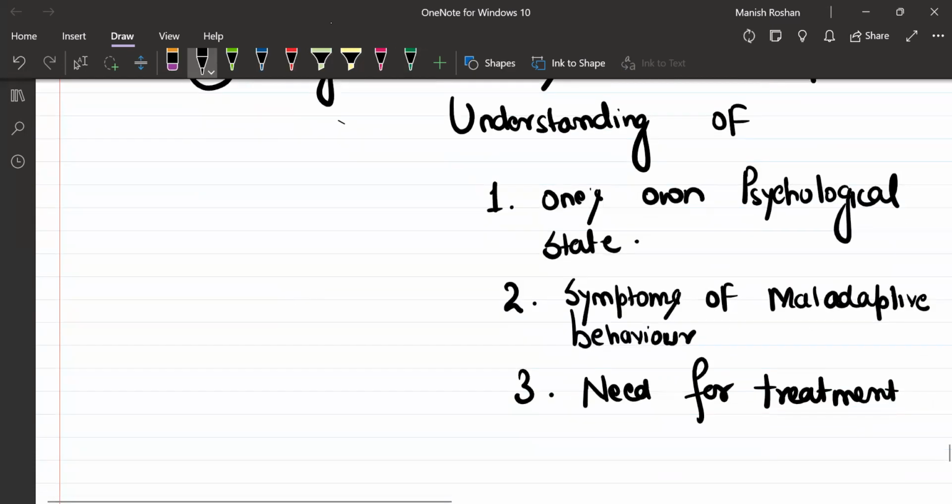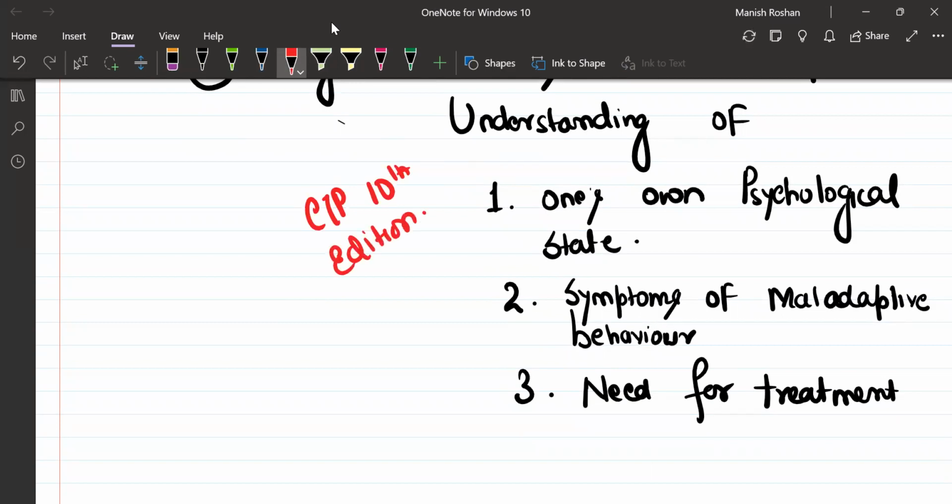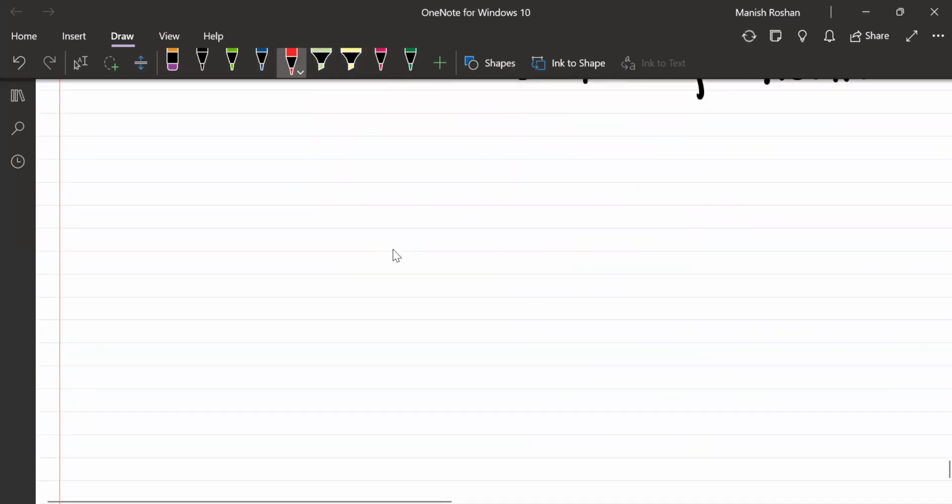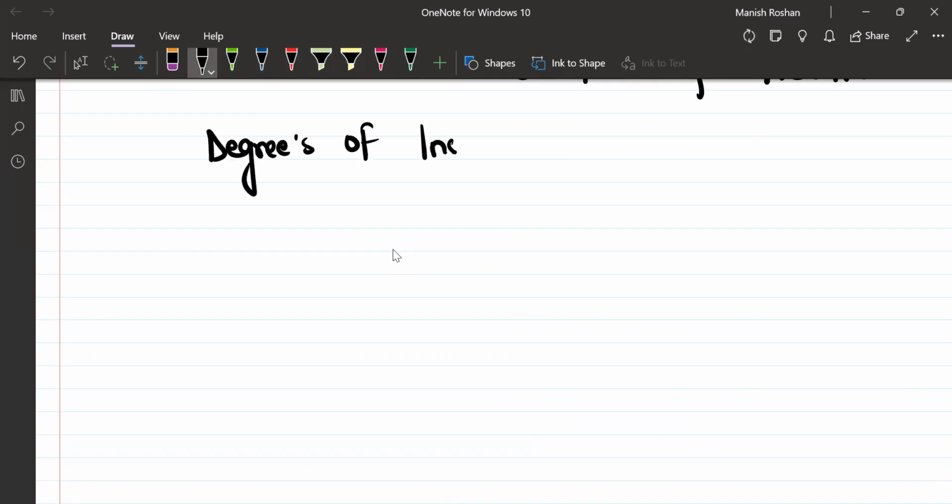So this is the definition according to CTP, 10th edition. Now we would look into the degrees of insight, according to CTP 10th edition, page number 967.